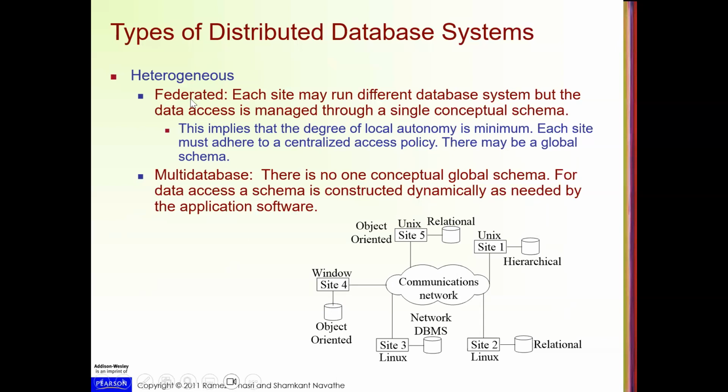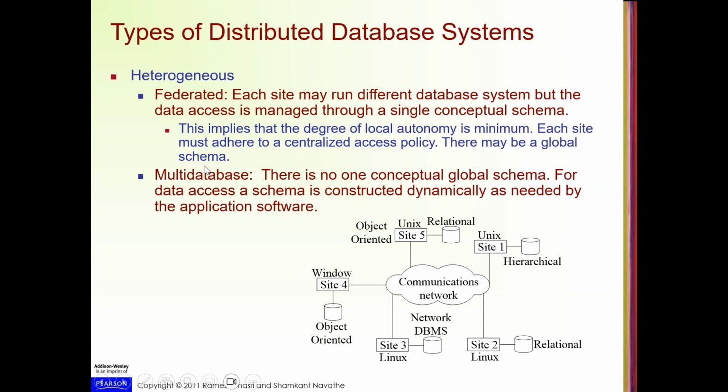Let us see what we have in a federated heterogeneous database. Each site may run a different database system, but the data access is managed through a single conceptual schema. The conceptual schema is the same, the database is different. This implies that the degree of local autonomy is minimum. Each site must follow the centralized access policy.